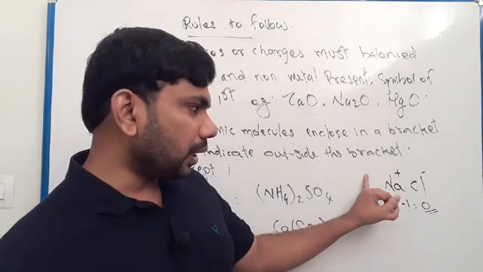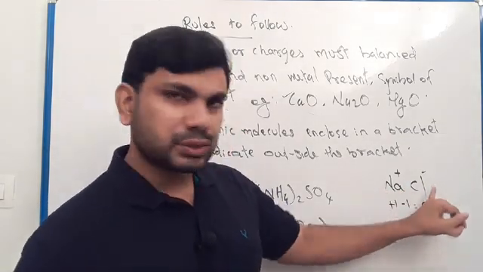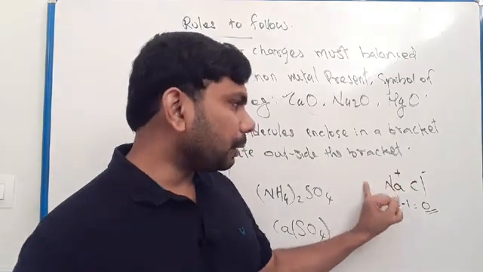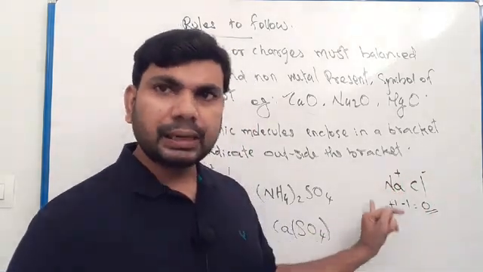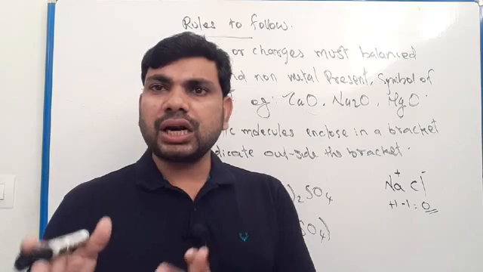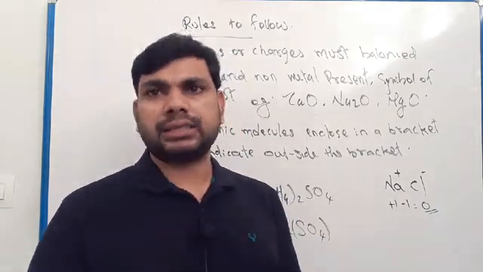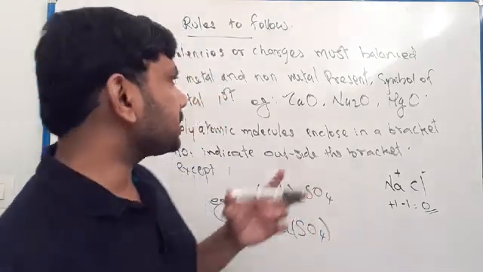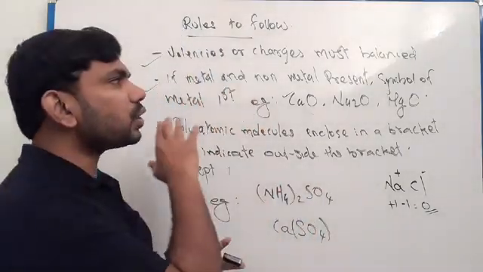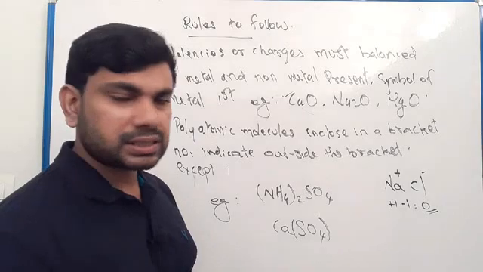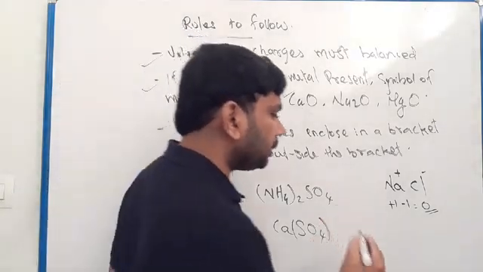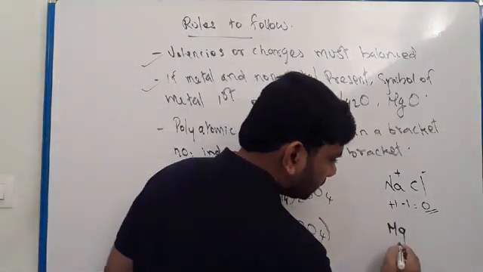Here plus 1, then minus 1. Here plus 2, minus 2. Plus 3, minus 3. So the positive charge and negative charge must be balanced. Clear? That's what we mean by valencies or charges must be balanced. See another example, magnesium oxide.